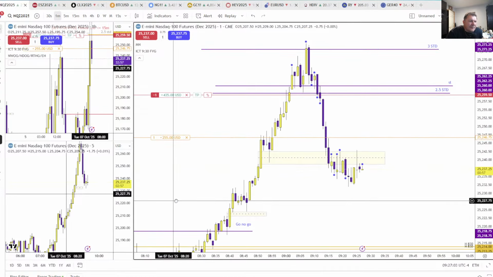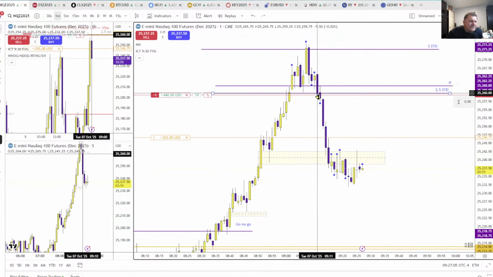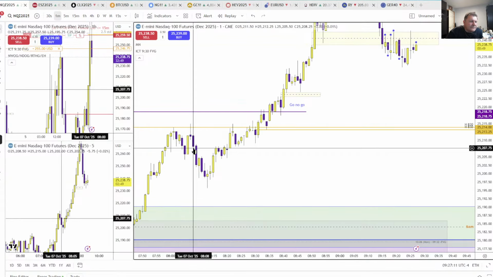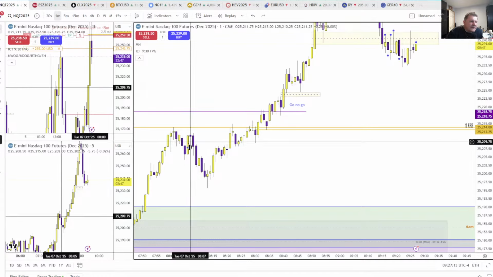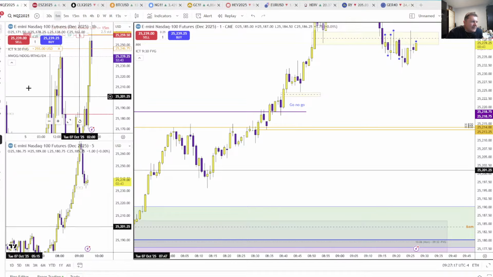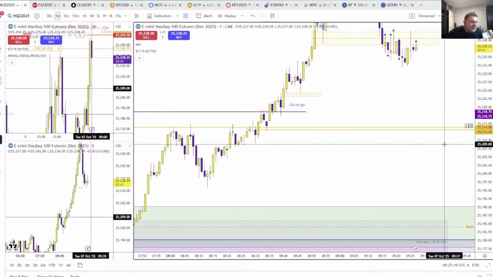So if you're looking at box to box trade, box to box down here inside the largest range, I'd be looking to tag down here somewhere.